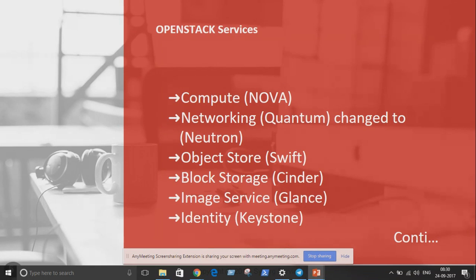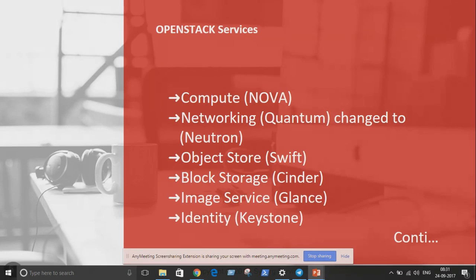Then we have image services. Image processing is a different service in OpenStack altogether. Image services are known as Glance. Then we have identity. We all know that every software has a user ID and password to identify a user. The service that provides that process for OpenStack is known as Keystone.